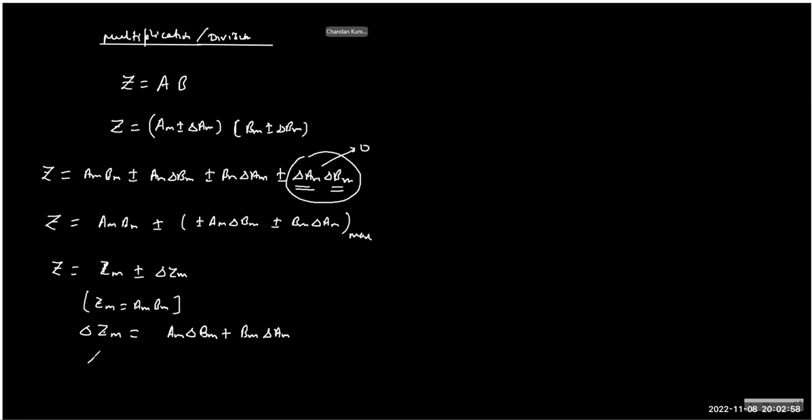So what we write is the relative error, right? If you remember, this was the relative error. Dividing by Z means dividing by AM BM, right? So if you divide like this, what do you get?